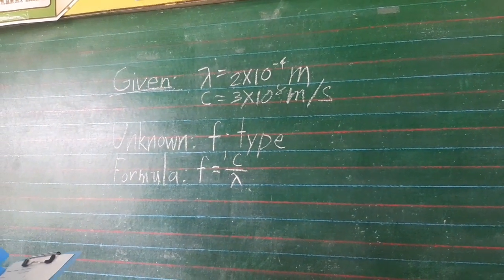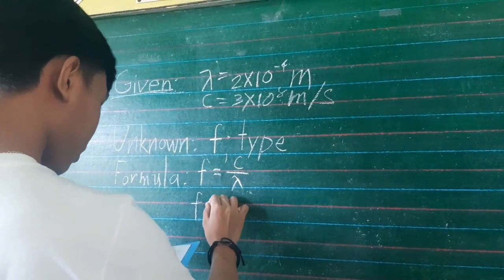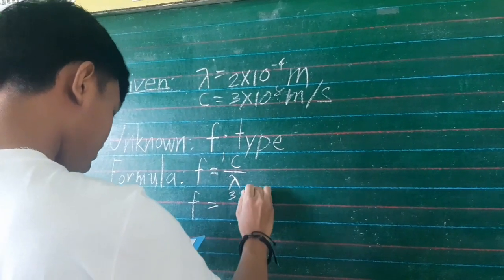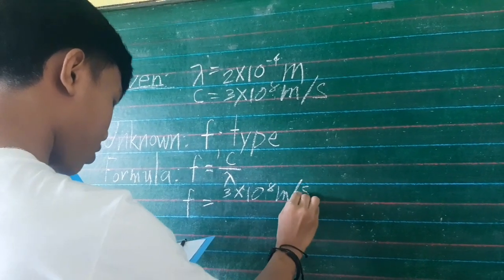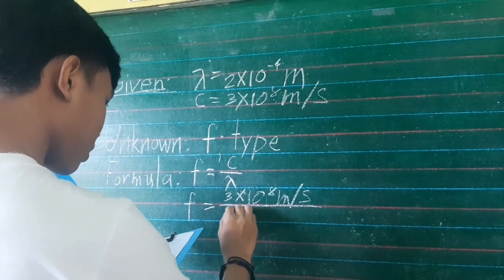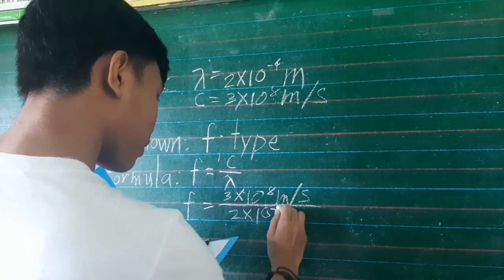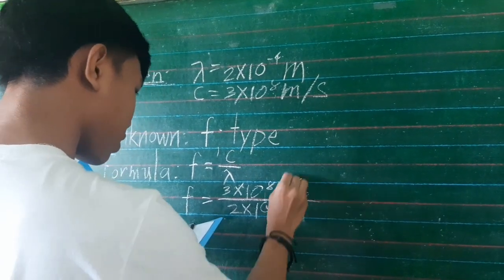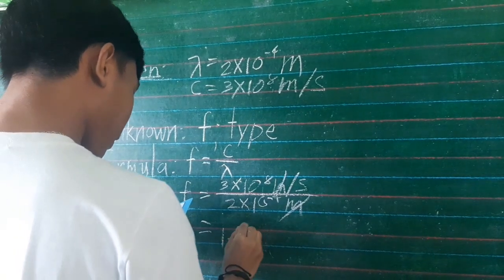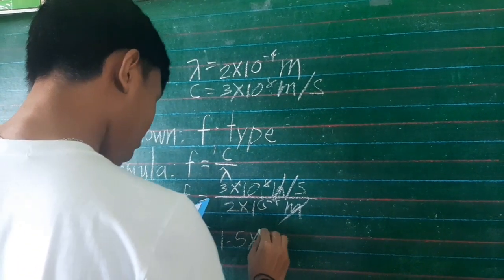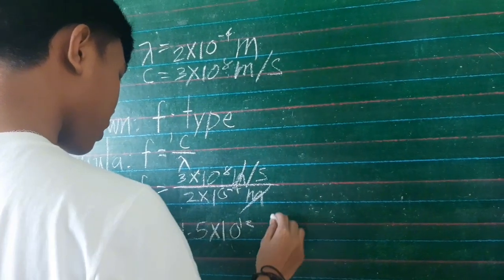And now we can substitute. F is equal to 3 times 10 raised to 8 meters per second over 2 times 10 raised to negative 4 meters. Cancel, and the quotient will be 1.5 times 10 raised to 12 hertz.